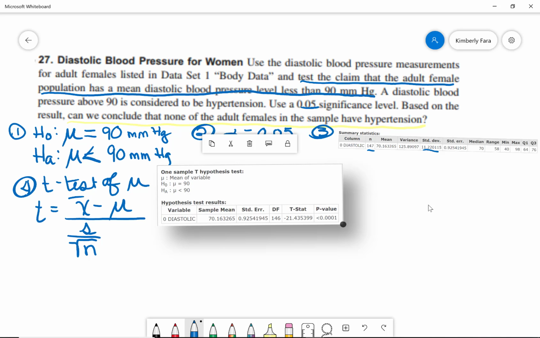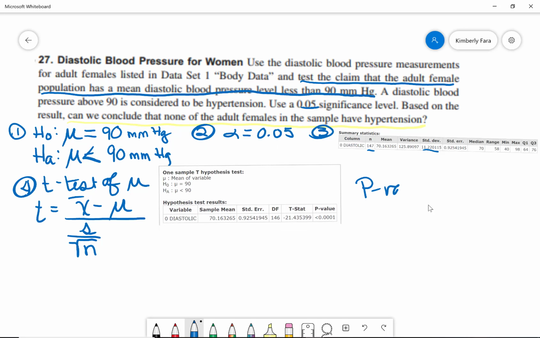What I'd like to see in step 4 is a statement of how your p-value compares to your alpha level. So my p-value is less than alpha, therefore this is statistically significant.